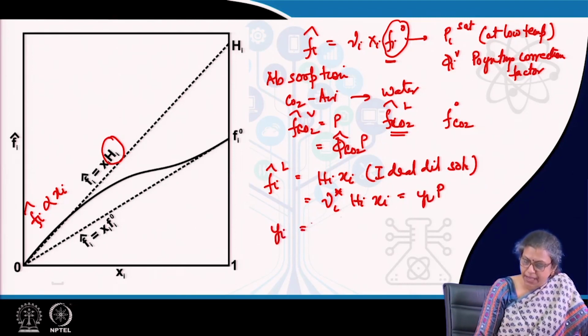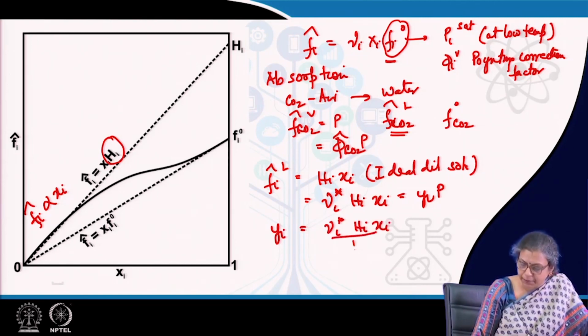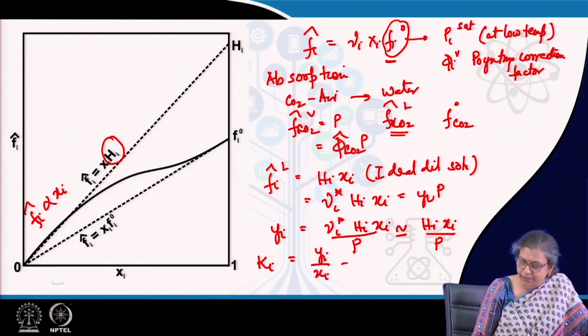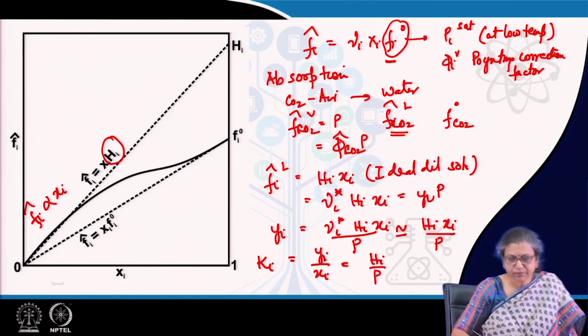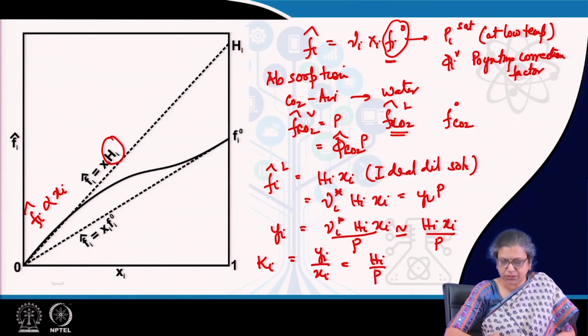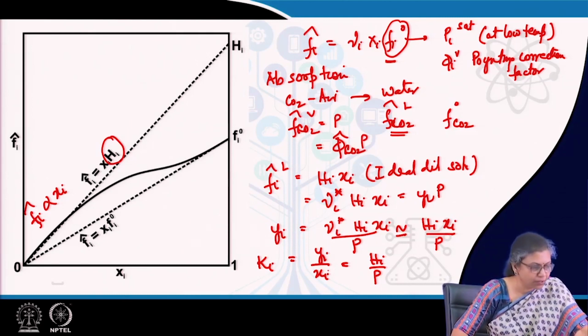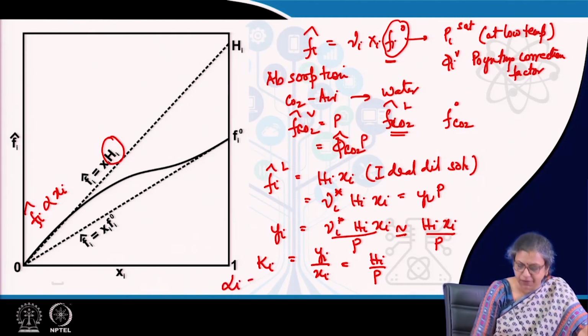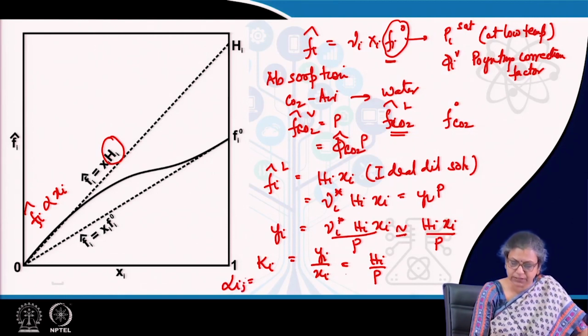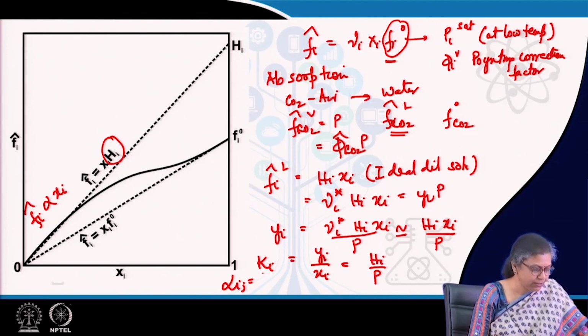As a result, yi can be found by gamma i star xi Hi by P, which reduces at low to moderate pressure to Hi xi by P, and therefore Ki for the absorption process, which is yi by xi, equals Hi by P. Accordingly, you can find out alpha ij or whatever it is for the case of absorption.